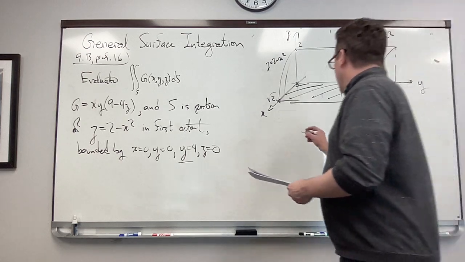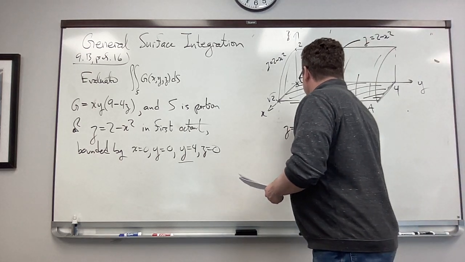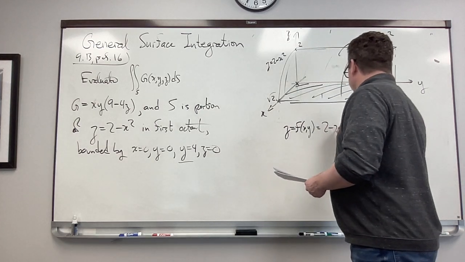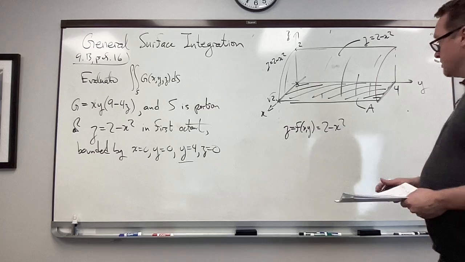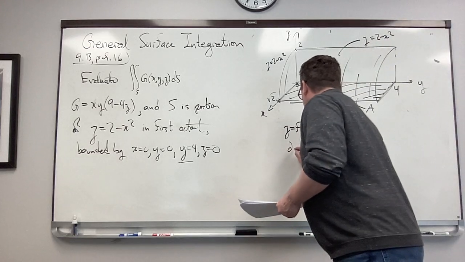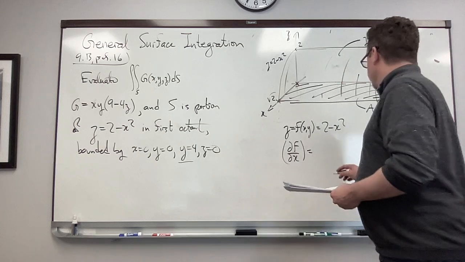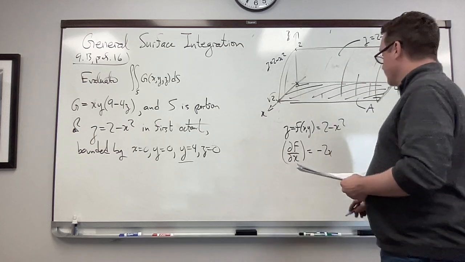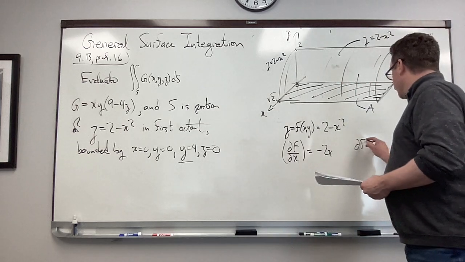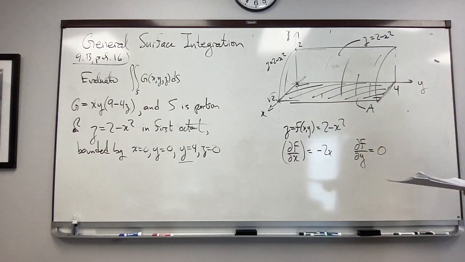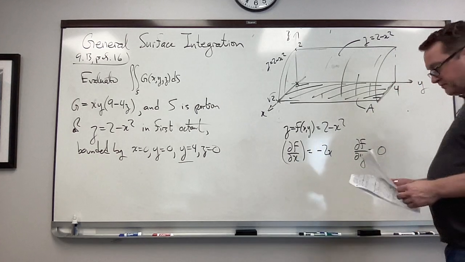Okay, so we've got our z equals f of x, y, which is 2 minus x squared. That's our height function. So we're going to need the partial of that function with respect to x, which is minus 2x, and the partial with respect to y, which is 0. There's no y dependence.